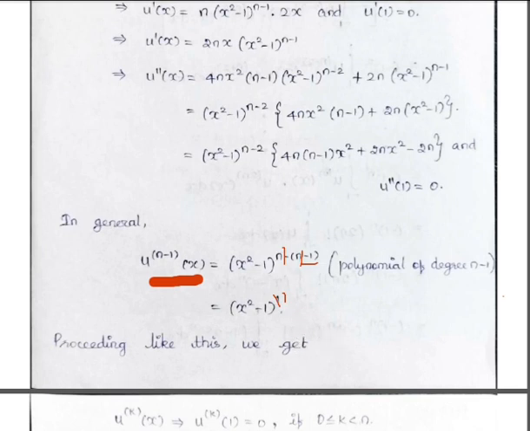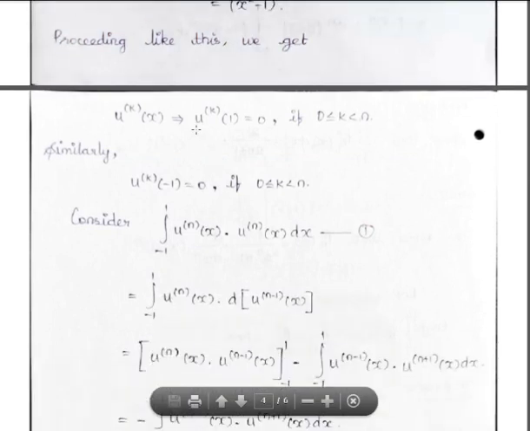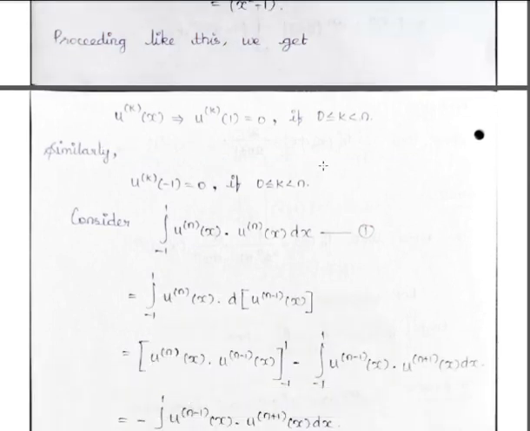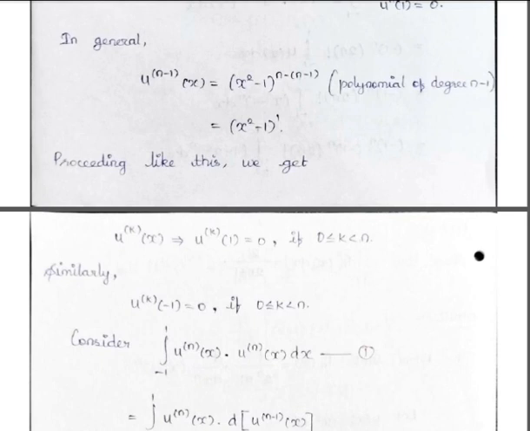Proceeding like this, we get u power n minus 1 with the factor (x square minus 1) whole power 1. So u power n minus 1 of 1 also we get 0. You see, the (n minus 1)th derivative of u at 1 is also 0.